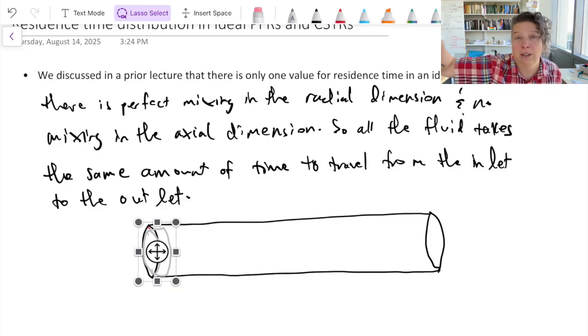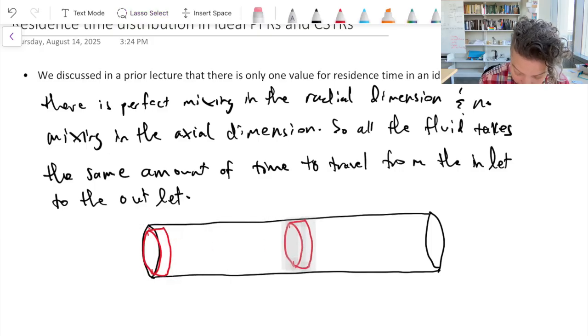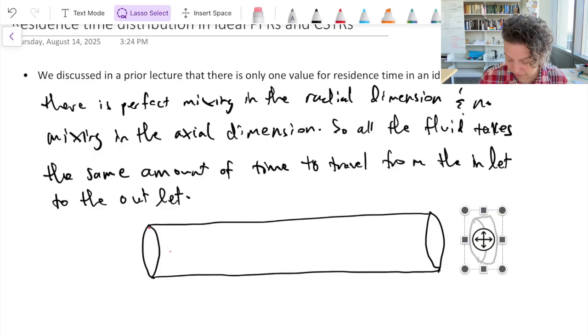This is an ideal PFR, so it's not going to have any residence time different than what every other molecule in the reactor has. And it's plug flow, so every molecule within that volume slice is going to have the same exact residence time. What we mean by that is as this volume slice flows down the reactor, every volume slice is going to do exactly that, and henceforth every molecule is going to have the exact same residence time.